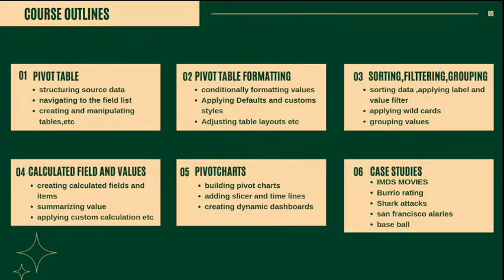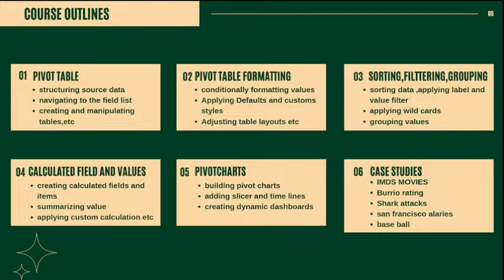Second one is calculated field and values. So creating calculated fields and items, summarizing the values, applying calculations, and comparing the calculated values. Next one is pivot chart. Pivot chart is building a pivot chart, adding slicers and timelines, and creating dynamic dashboards. Finally, we use real-time case studies to work with the pivot table and pivot chart.